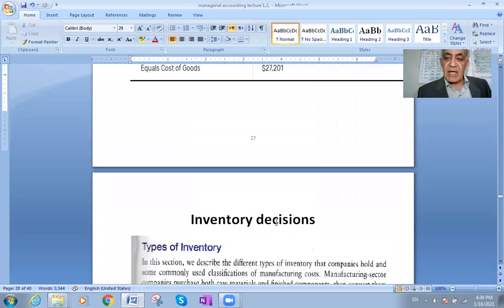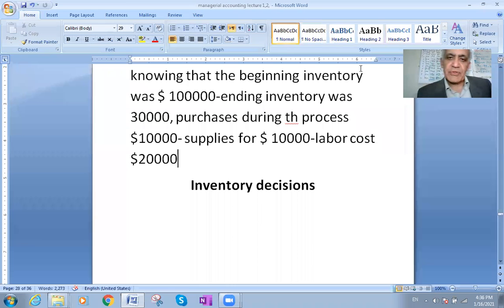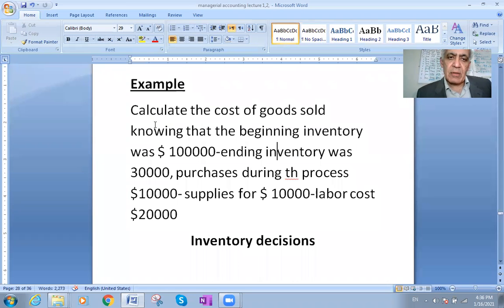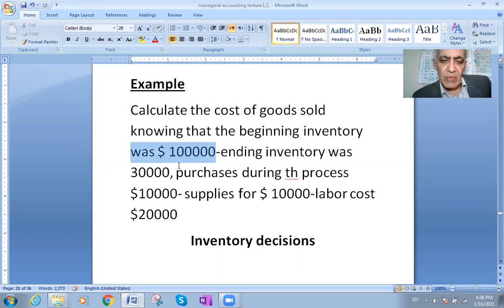I will stop now and we will have an example for the cost of goods sold. You will make an example. Calculate the cost of goods sold, knowing that the beginning inventory was 100,000 and the ending inventory was 30,000.